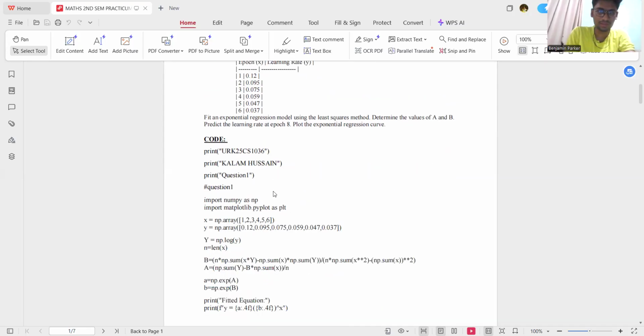The first step is to import numpy and import matplotlib.pyplot as plt.